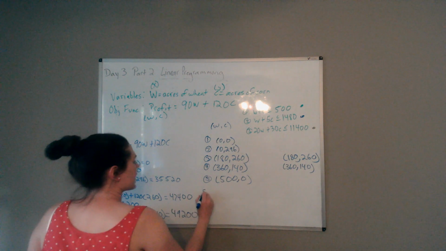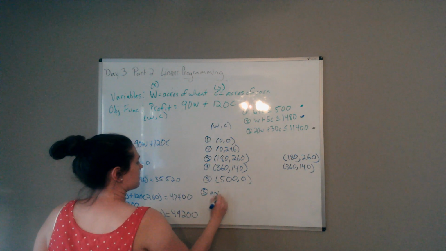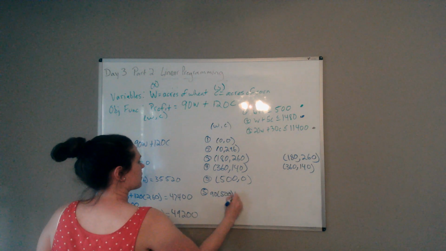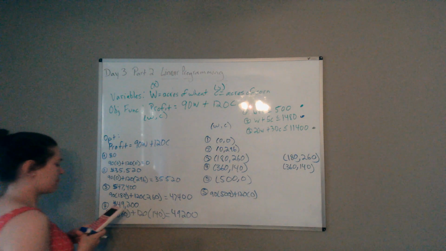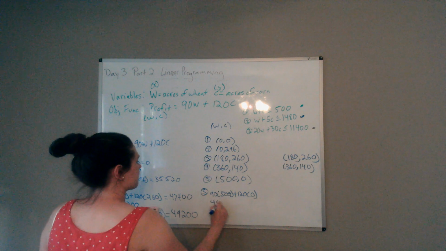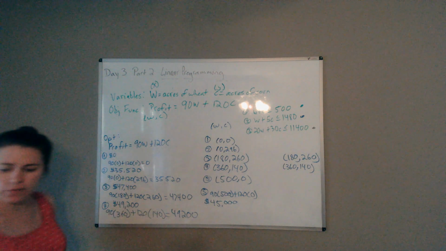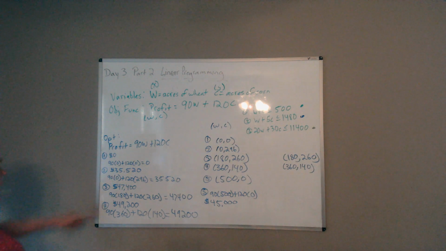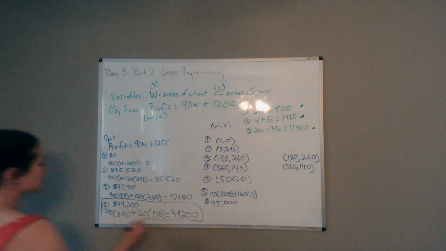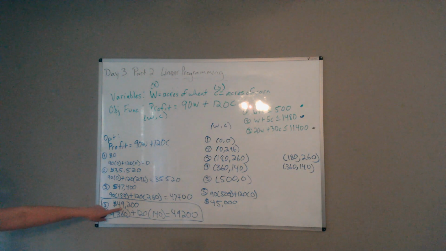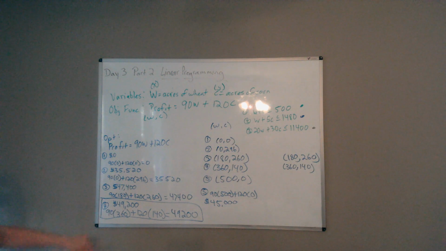And 5, 90 times 500 plus 120 times 0. That's going to give us $45,000 of profit. So now we look. Which of these is the most amount of money? And the winner is $49,200. You're going to make $49,200, so that's the maximum profit this farmer can make based on the constraints of the problem.